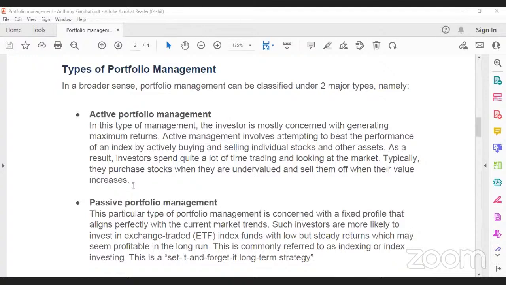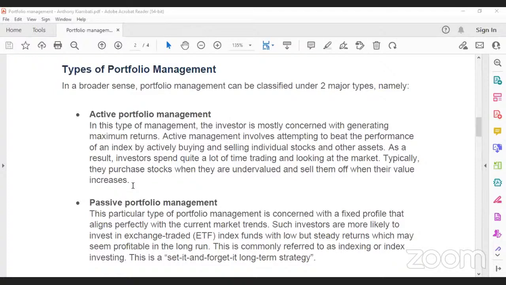When you talk about active portfolio management, these are types of management where the investor is mostly concerned with generating maximum returns. Active management will involve an attempt to beat the performance of an index, let's say the S&P 500 index or the NASDAQ 100 index, by actively buying and selling individual stocks and other assets.